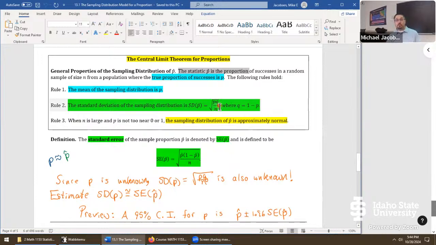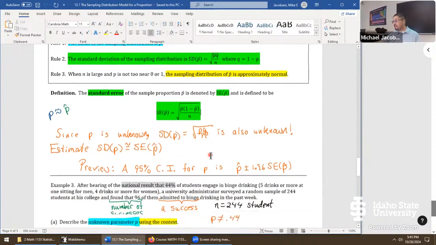Our standard deviation is truly unknown, but the statistic p hat is known. So if we approximate in this way, sure, this is now just an approximation of the standard deviation, so we call it standard error. As a reminder, it's an approximation, but it's a decent one, and this gets us started. So we call that standard error.